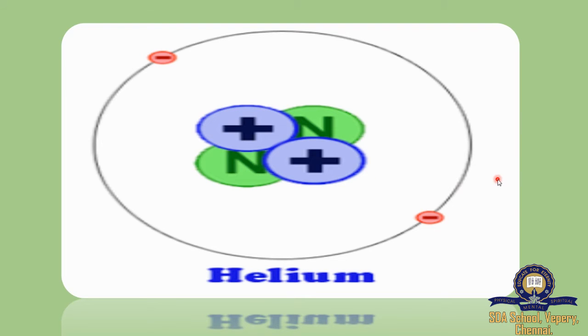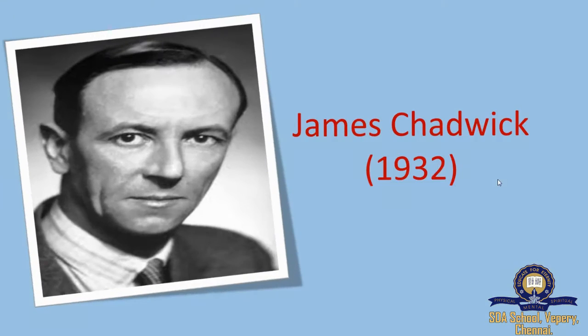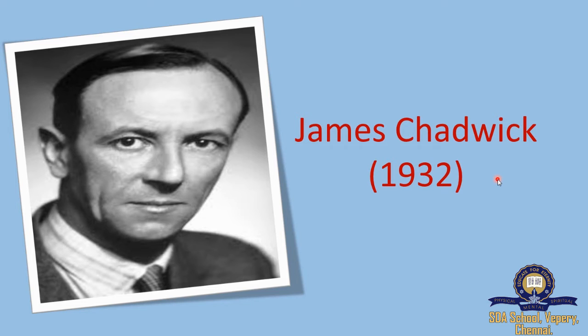In 1932, a scientist named James Chadwick was very curious to know where the extra mass in the helium nucleus was coming from. So he performed many experiments, and in one such experiment he used a beryllium nucleus and alpha particles.